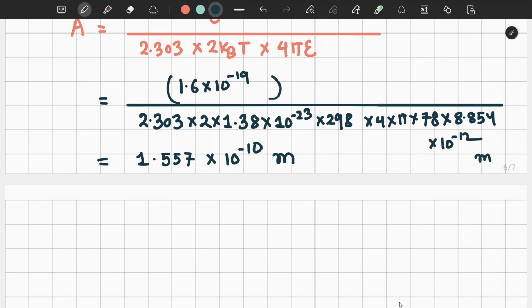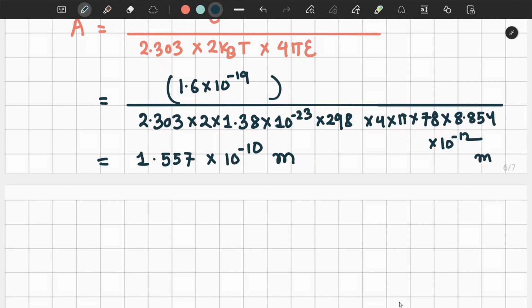What are you getting? You are getting 9.73.